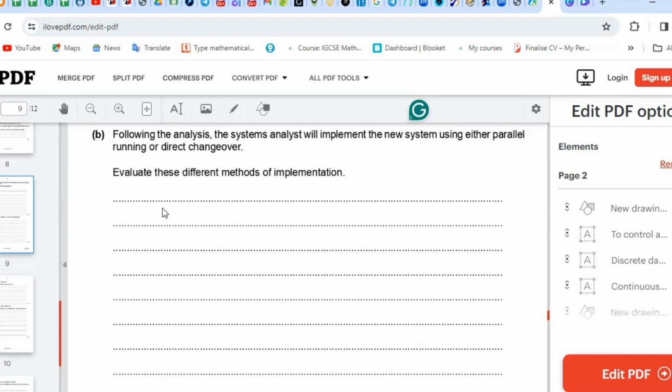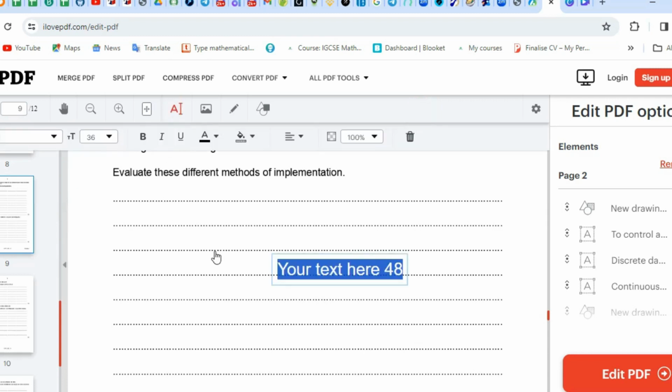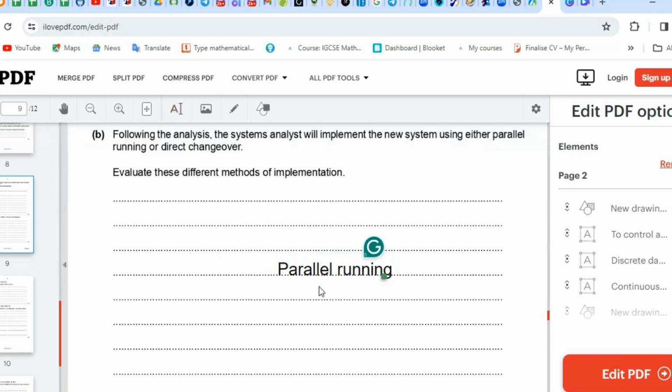So let's start with parallel running. For parallel running, data will need to be entered twice.